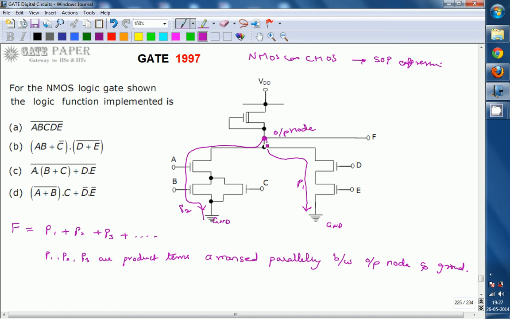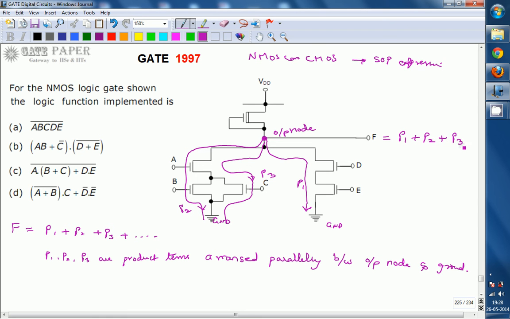And there is a third parallel branch going through A and C, this is the third parallel branch. So there are 3 parallel branches in the given diagram between the output node and ground. So you are going to express F is equal to P1 plus P2 plus P3.